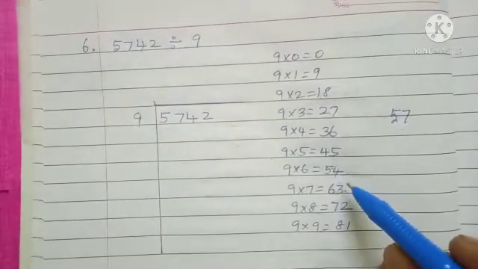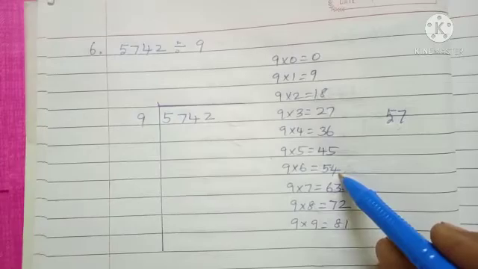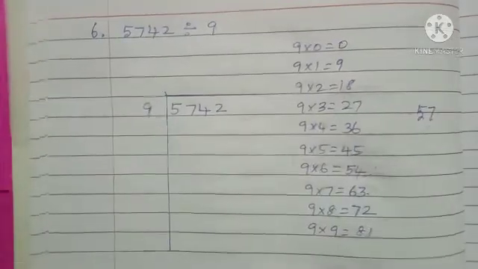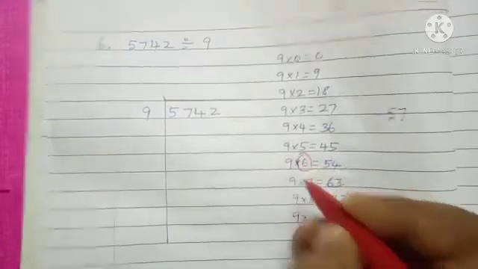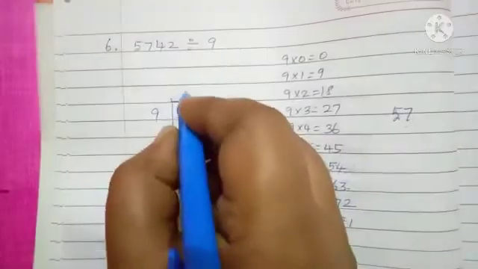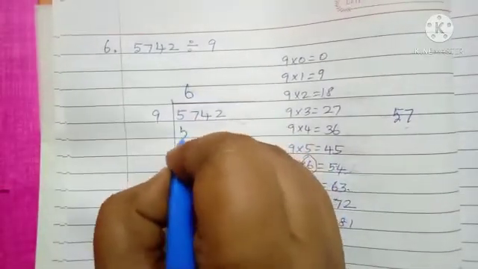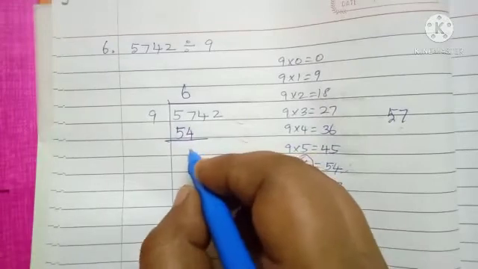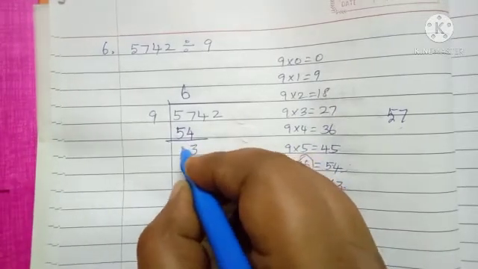So which one is the smaller number? 54 is smaller. That one only you take here. 9 sixes are 54. So 7 subtract 4, 3. 5 subtract 5, 0.